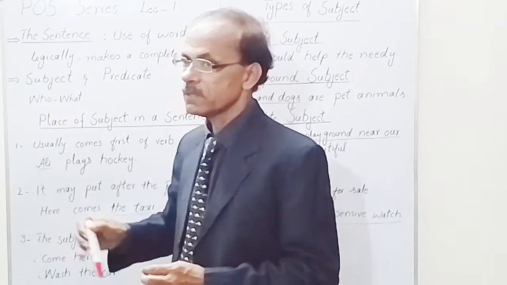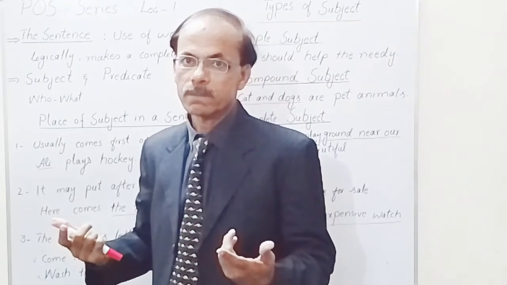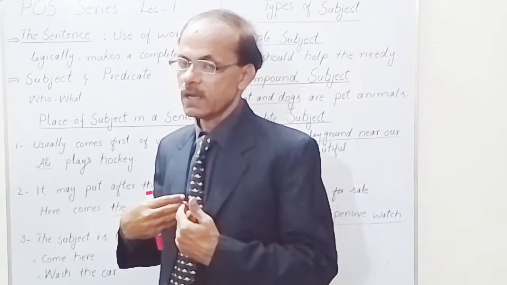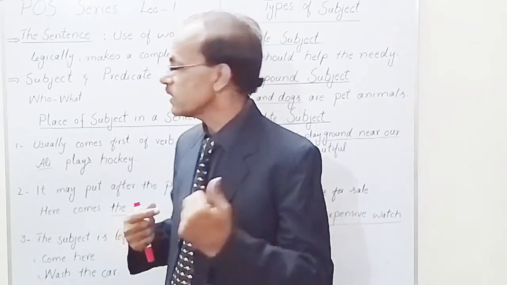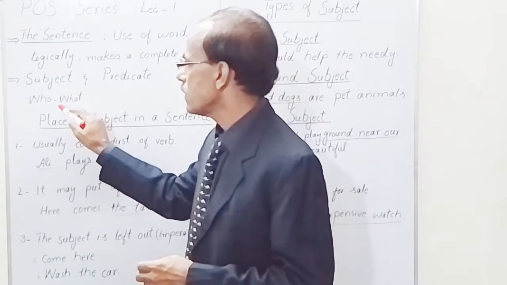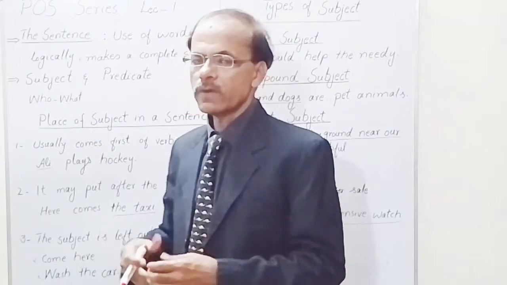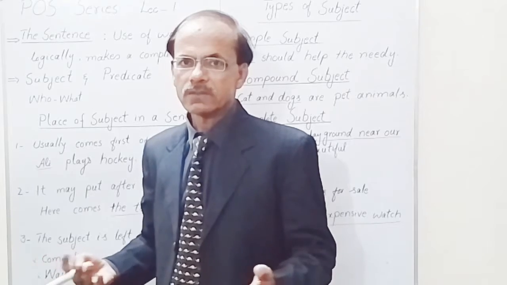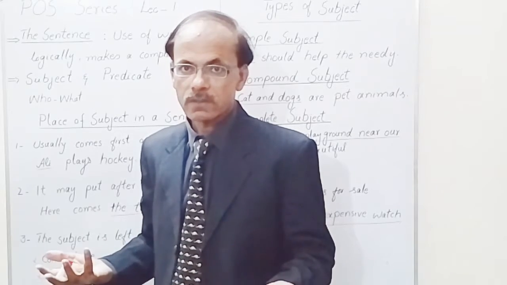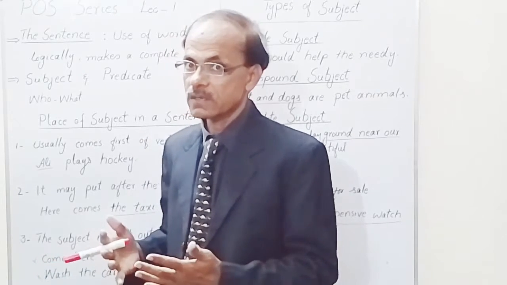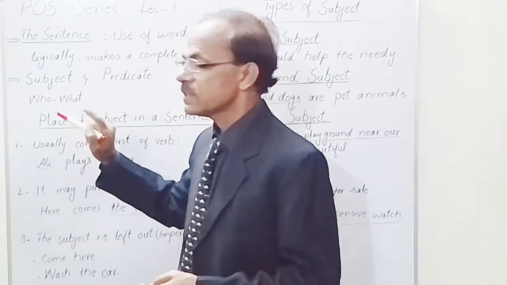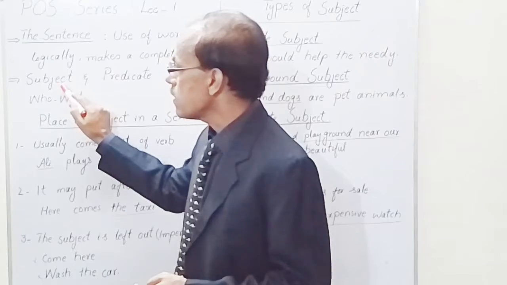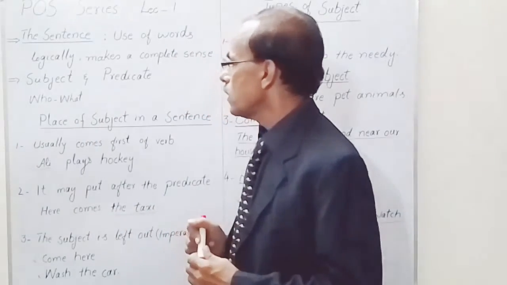Suppose who, it means who is playing, and I say Ali is playing. So Ali is the subject. What is going on over here? The marriage is going on over here. So the marriage is the subject. So the answer to these two words in a sentence is called a subject.